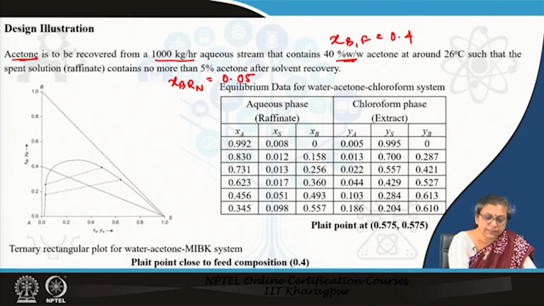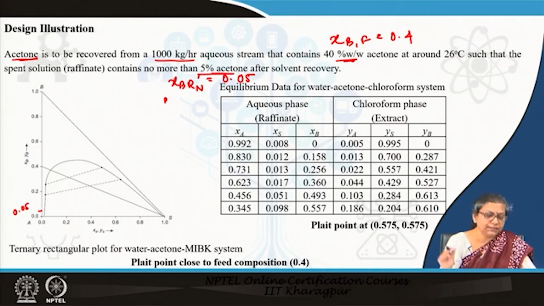Remember one thing, this refers to the prime after solvent recovery, this is the amount of solvent that is there. So, therefore, this 5% acetone lies somewhere here at the 0.05 curve. From here if you join S, you will actually get the Rn prime, Rn point. This refers to the Rn prime point.